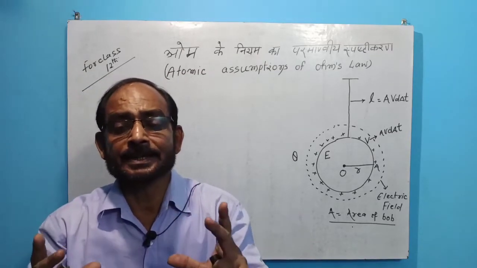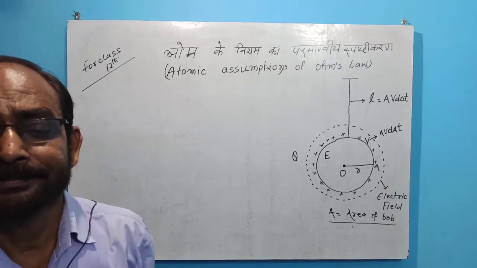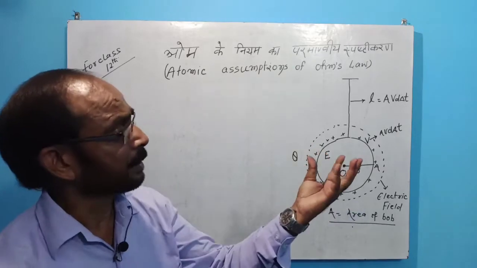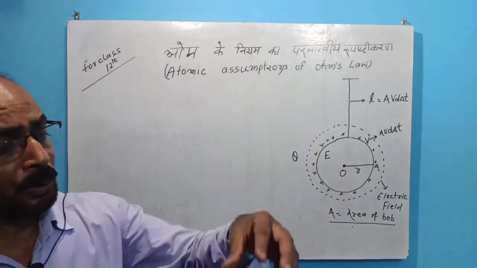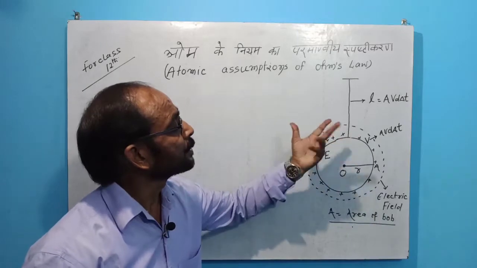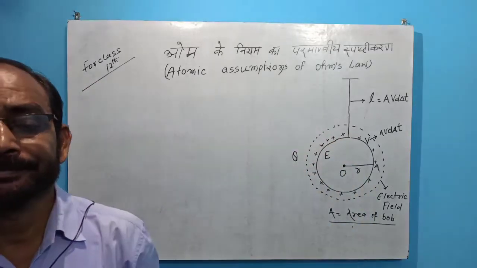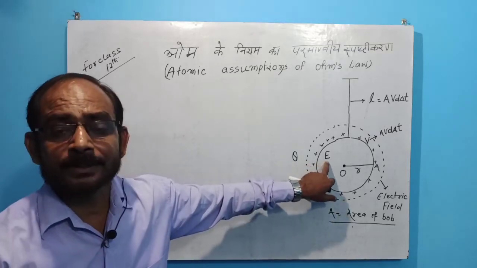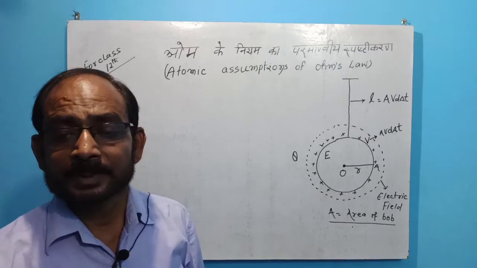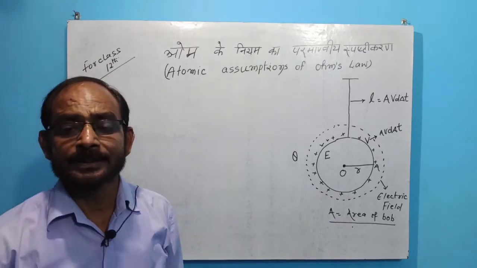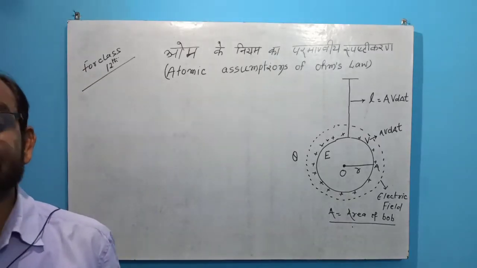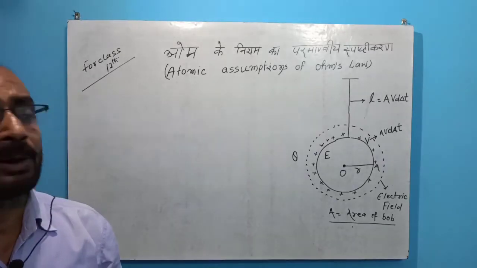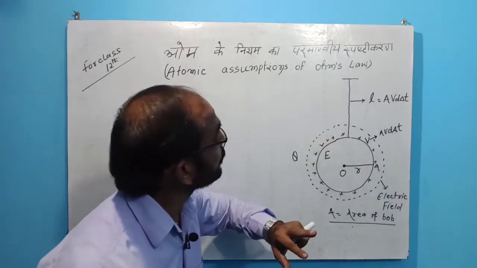Its shape and size is cylindrical, but here I place its uppermost or lowermost circular parts, on which this capital E, the electrical intensity, is acting due to the electric field, and Q charge is applied over this bulb.